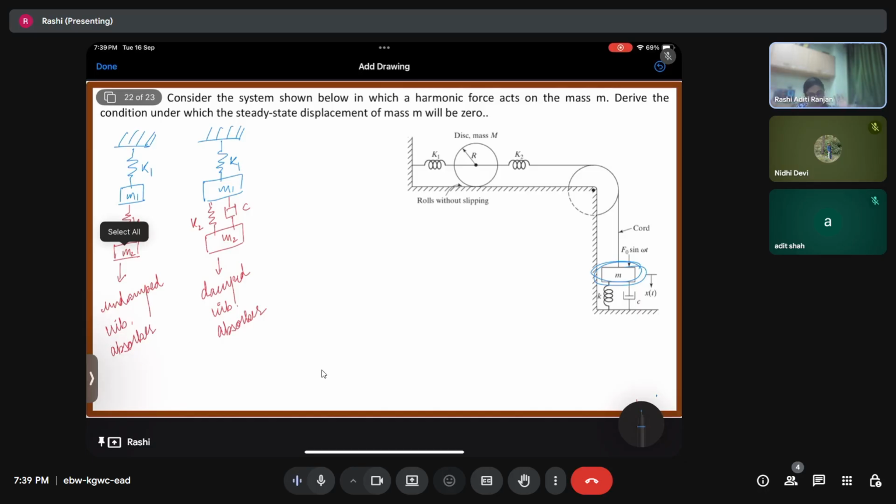So firstly, if you look into the mass small m, it is having a forcing f naught sine of omega t. If it is getting displaced in this direction, the inertia force is going to act in the upward direction, M x double dot, along with the spring force kx and the dashpot force c x dot.